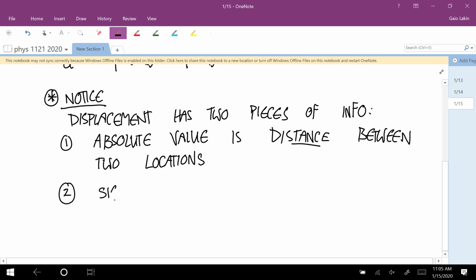And the sign is the net direction the object is moved over that time interval.